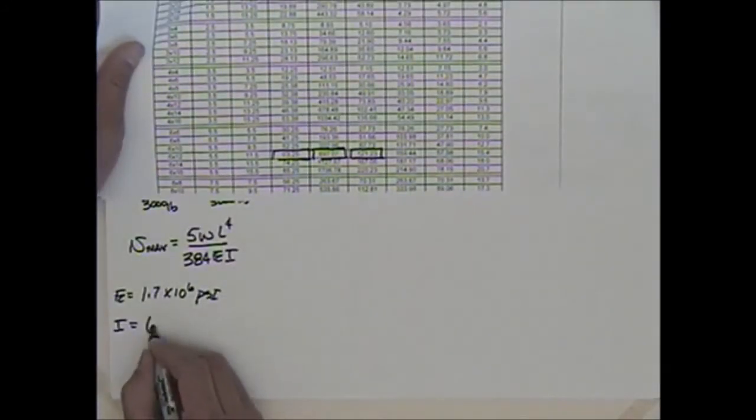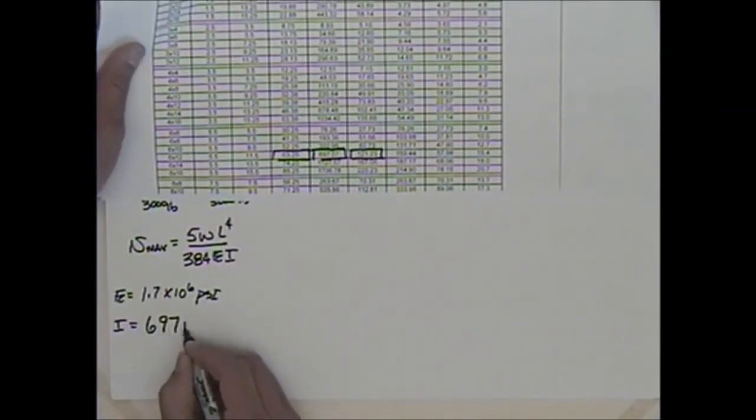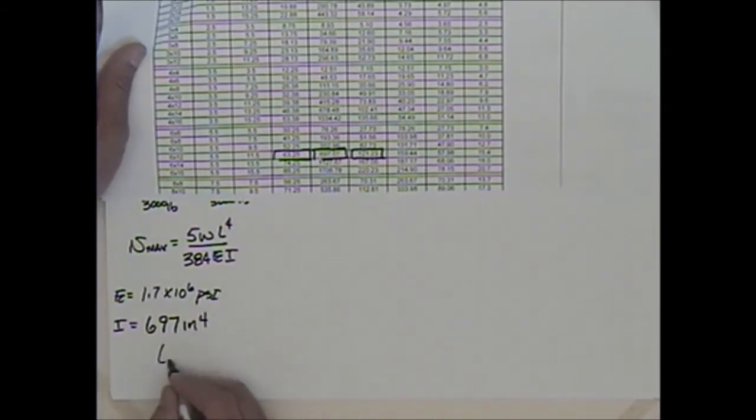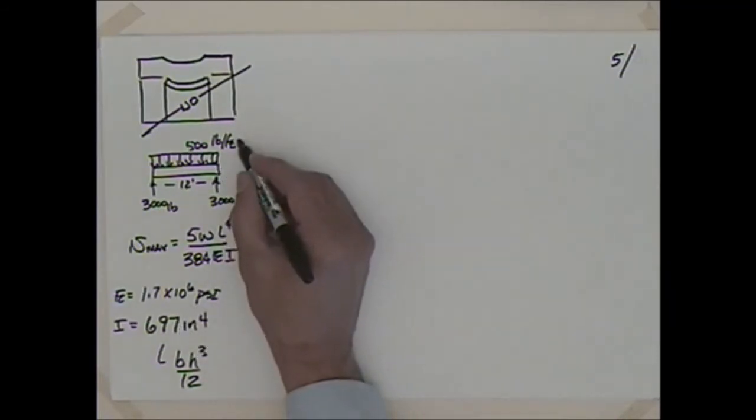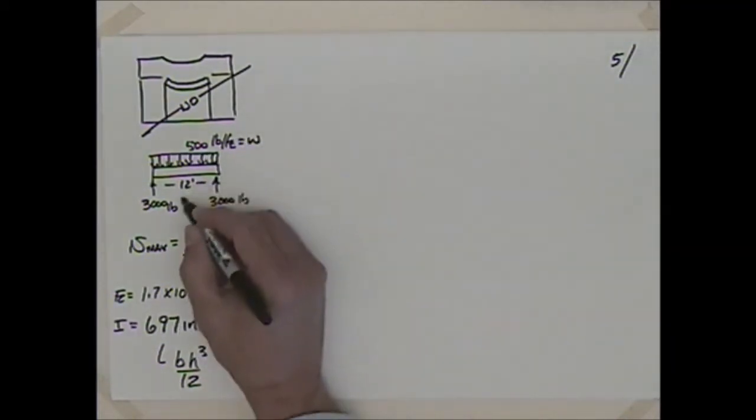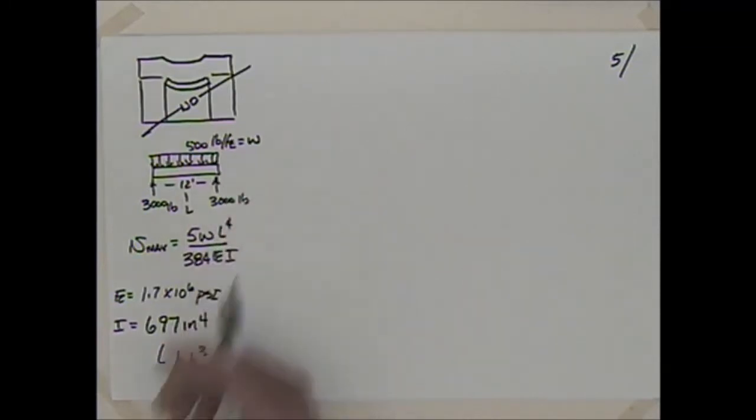Let's just call that 697 inches to the 4th. And of course that comes from base times height cubed divided by 12, that equation right up there. Okay, so how are we doing here? We've got our equation, we've got E, we've got I, we have W, we've got the length. So I think we can do that.